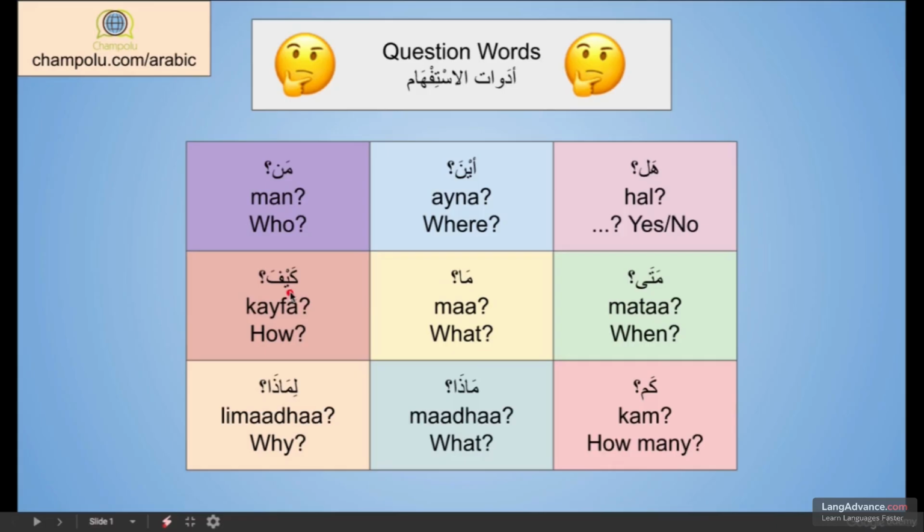And we have كيف, which means how. And we have كم, which means how many or how much. And we have ماذا, which means what. Notice that there are two words that mean what here, but we'll see the difference in the examples. And then we have لماذا, which means why.